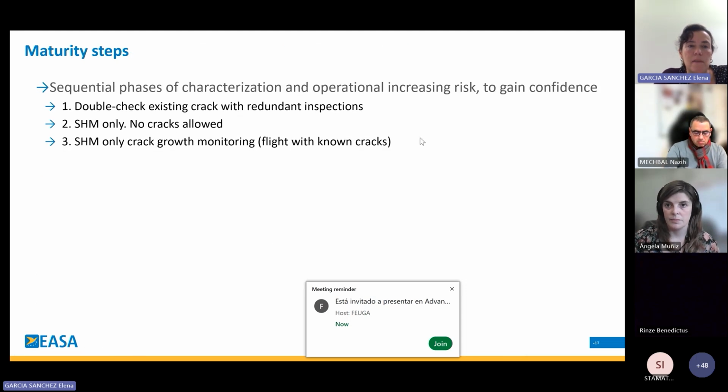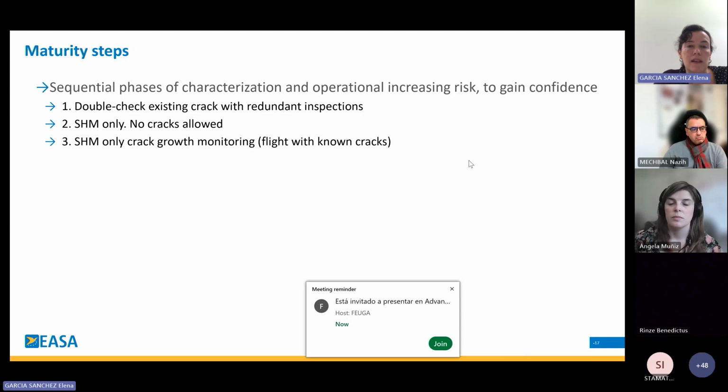So then maturity steps we are seeing in terms of risk in operation. We prefer to see sequential phases of characterization to gain confidence. First, to double check the existing crack with redundant inspections that are well validated, but of course this has no commercial interest. But this is to gain knowledge and to gain maturity. Then to go to SHM only and no cracks allowed.